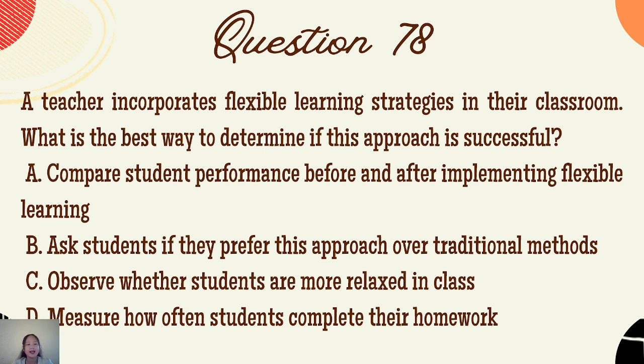Well, the correct answer is letter A: compare student performance before and after implementing flexible learning. Why? Performance improvement is a clear indicator of learning success. For example, higher test scores and better project quality after introducing flexible methods.